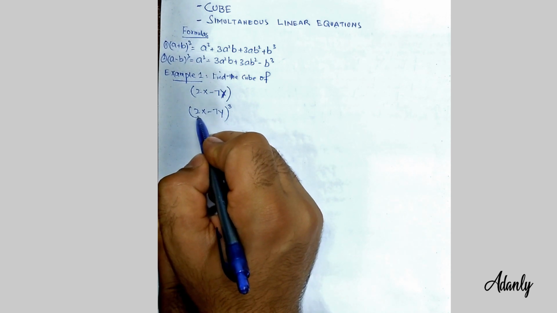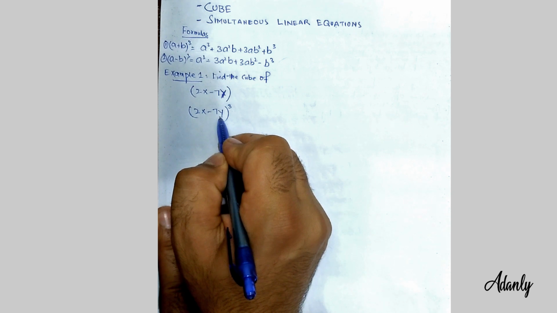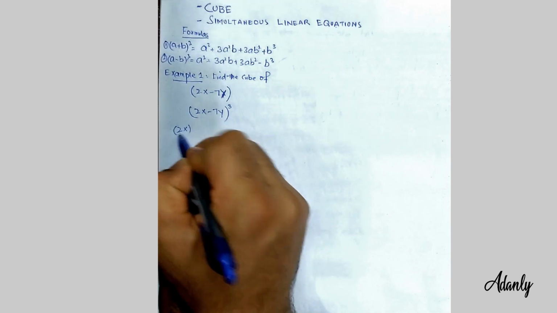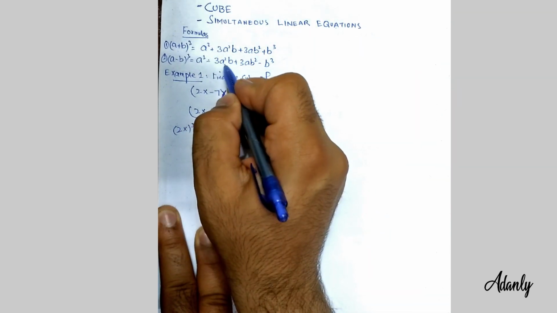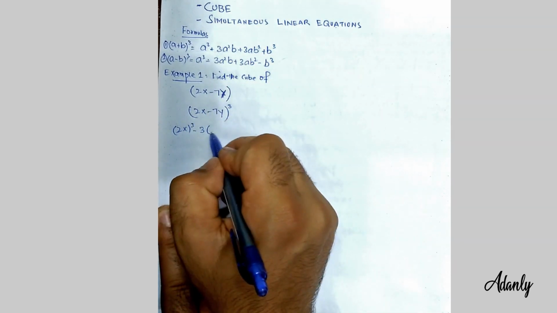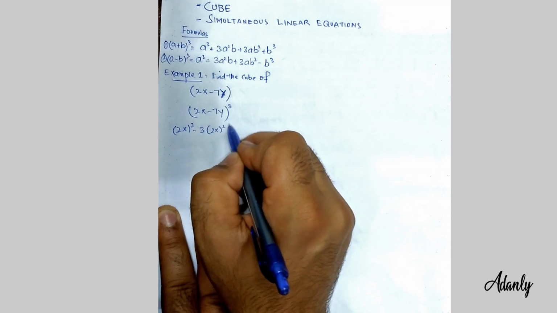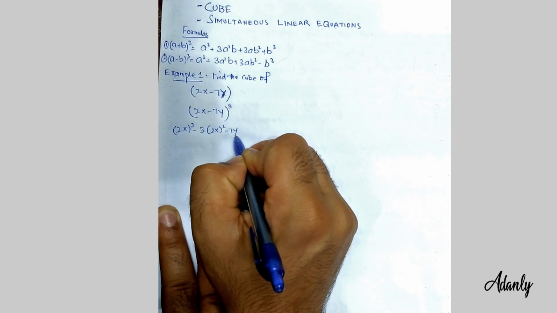So in this expression we have 2x as a and 7y as b. So we'll write it as (2x) whole cube, then minus 3a square b. So we will write 3 in place of a square, we will write (2x) whole square, and in place of b we will write minus 7y.